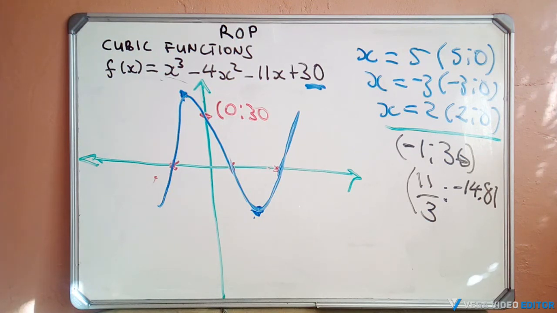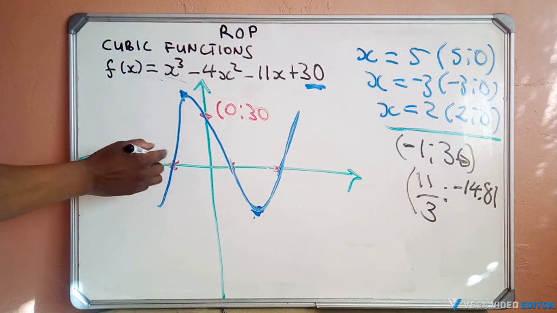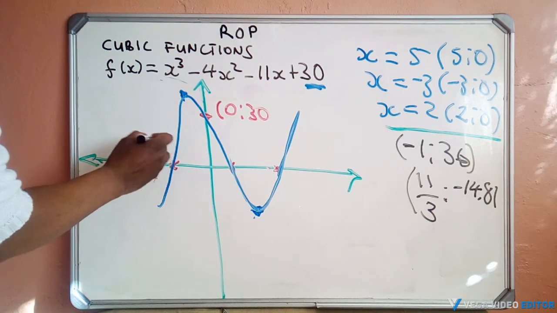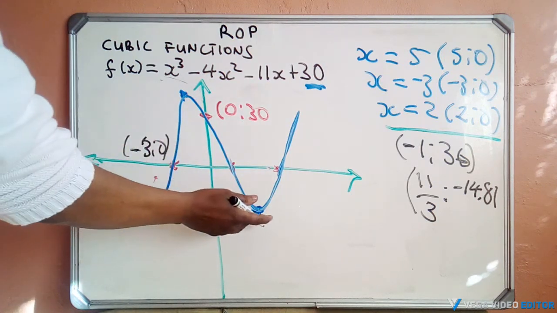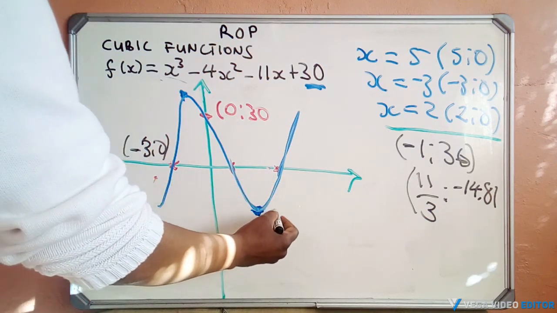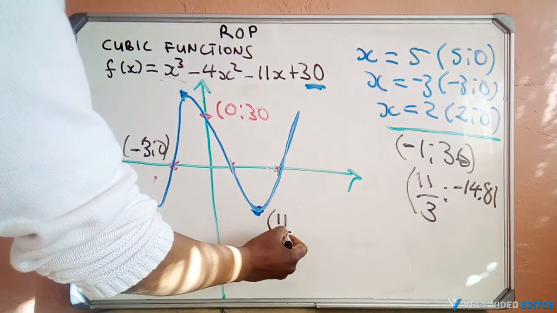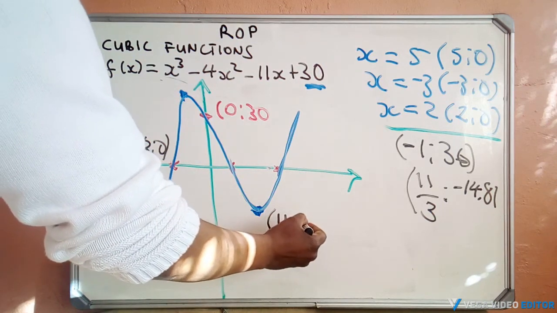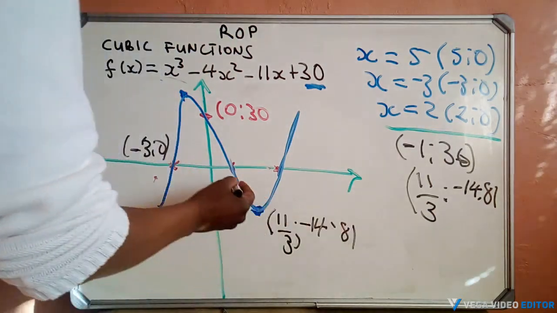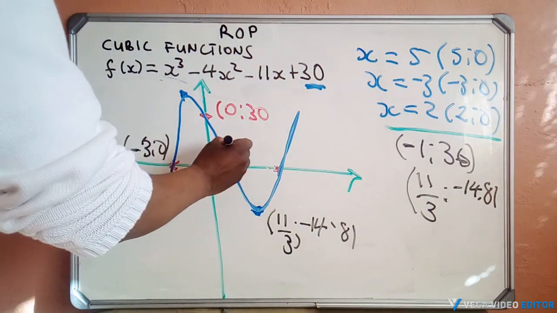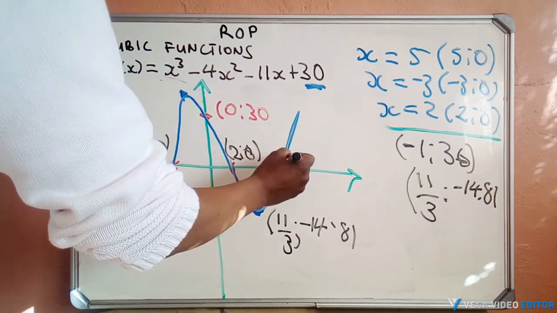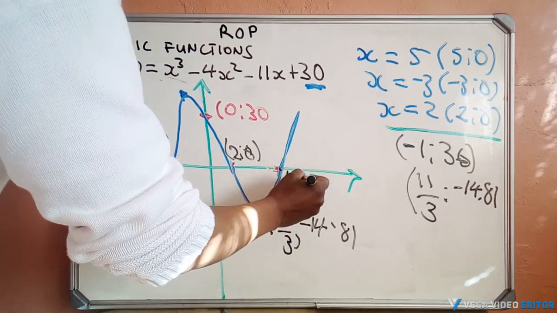Now remember, we always need to show those points. When we have drawn our sketch, we know that this here is our -3 and 0, this point here being the turning point. This is our 11 over 3 and -14.81, and then this point here is 2 and 0, and then this one here is 5 and 0.